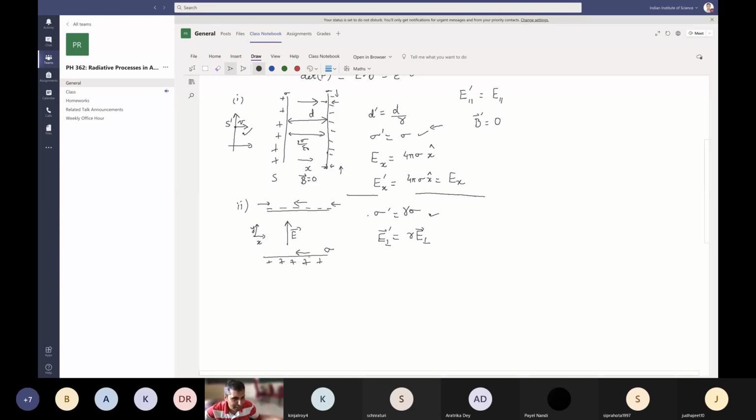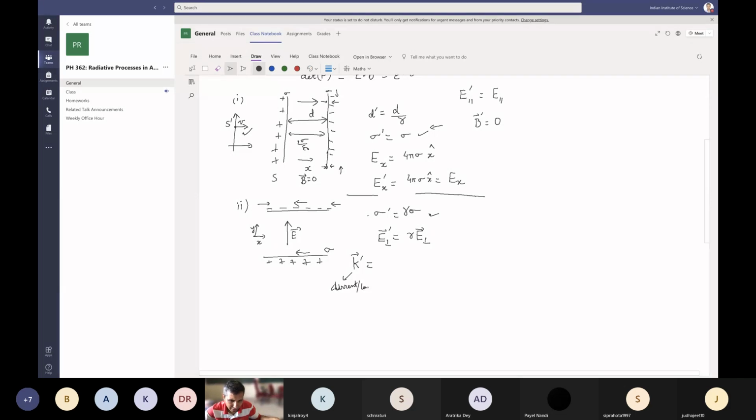What about the current density? In this frame, you have these positive charges moving with negative velocity. So your K prime, measured in this frame, is the current per unit length.